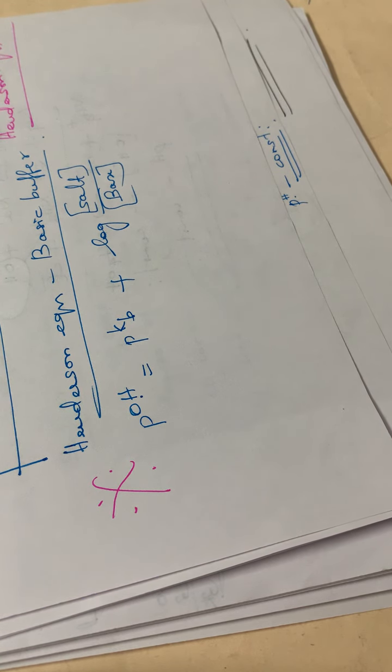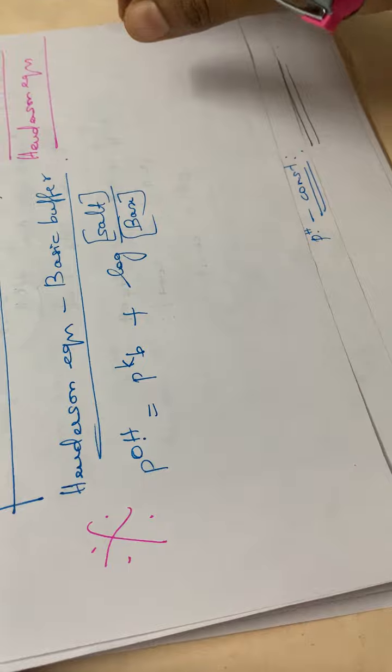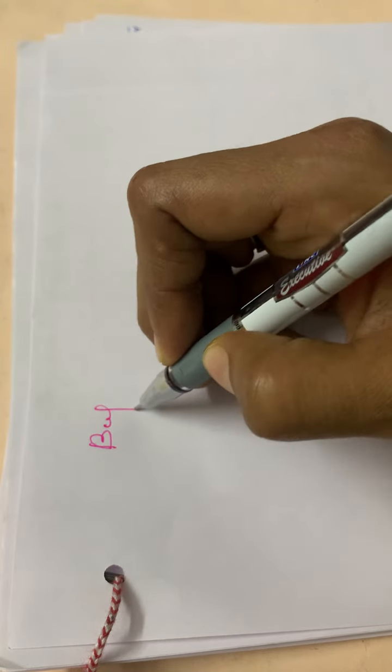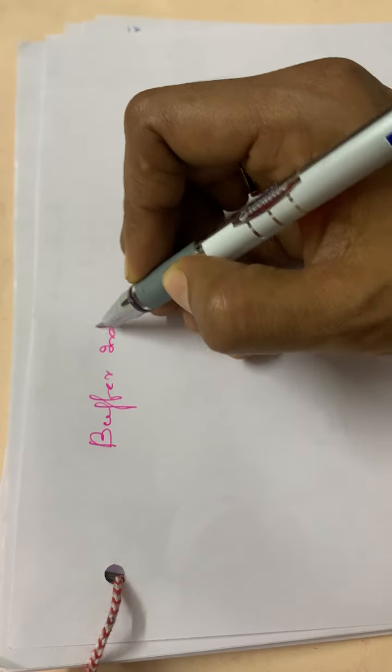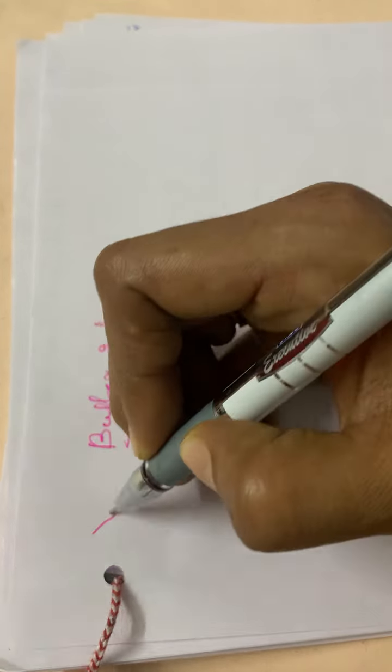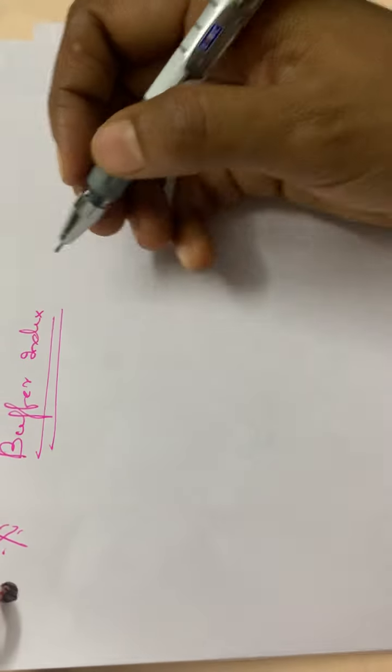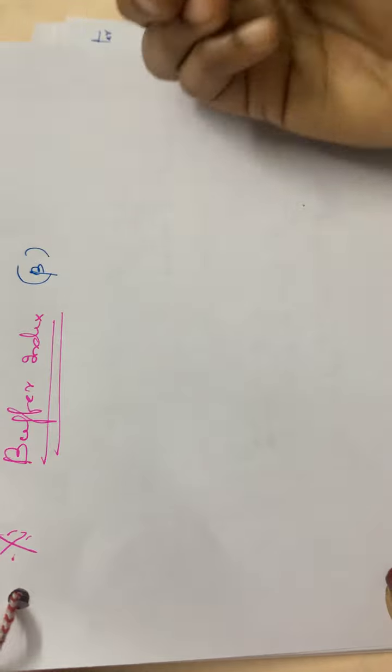Then one more topic, that is the buffer index. The last part, buffer index. It is also very important. Buffer index is denoted by the letter beta.